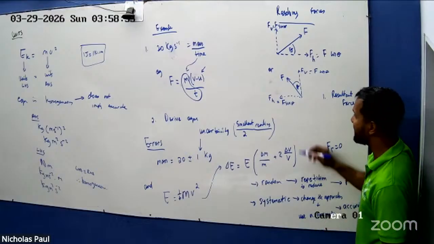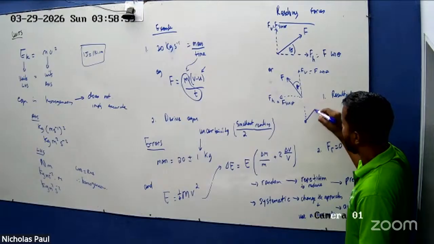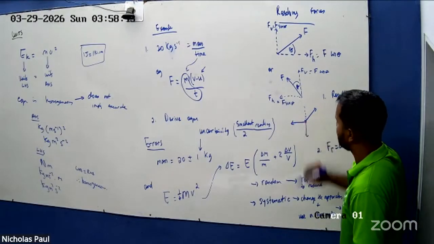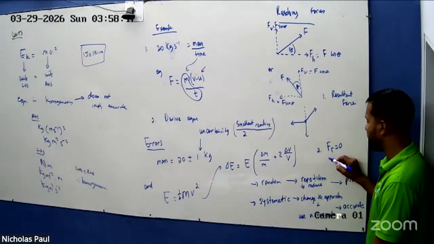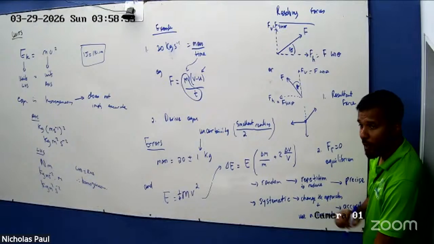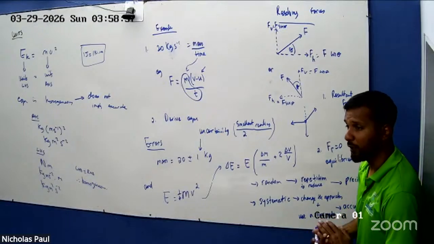If I give you a system looking like this, if the resultant force is zero, then the system is in equilibrium. But how do I find the resultant force?